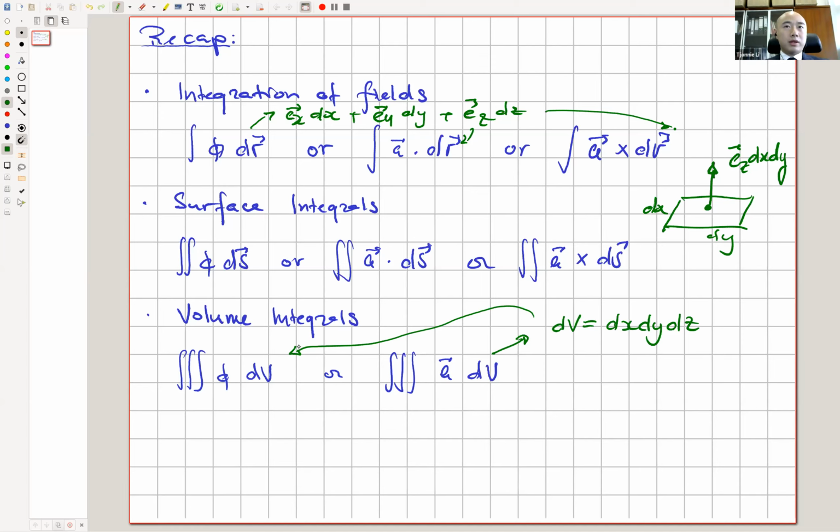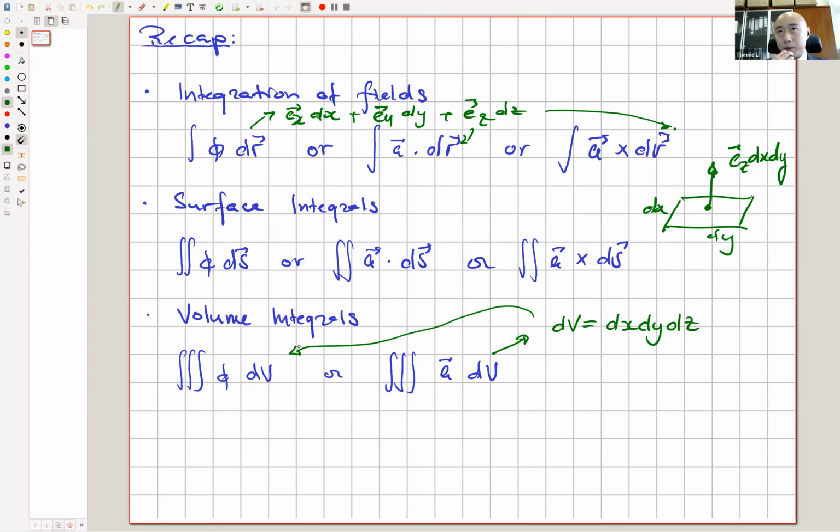So that's pretty much where we started off. The reason we looked at these integrals is because we wanted to ultimately construct an understanding of these differential operators that we started with when looking at fields.